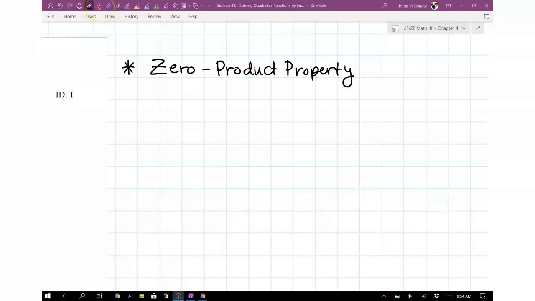What it basically said was, if you have two things that are multiplied together, let's say A times B, and their result is 0, then does it make sense that either A or B must be 0?